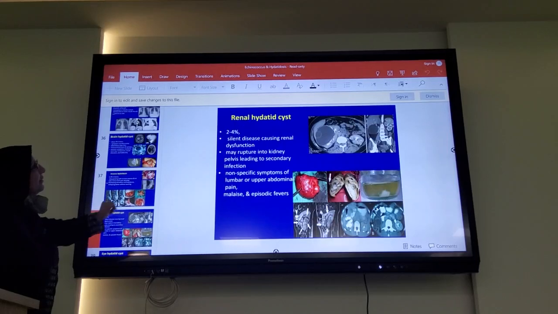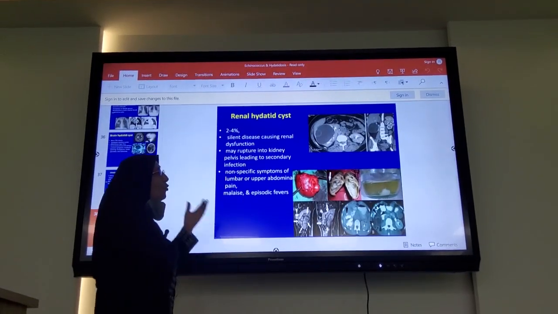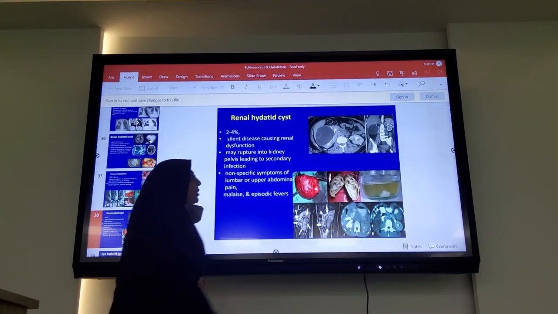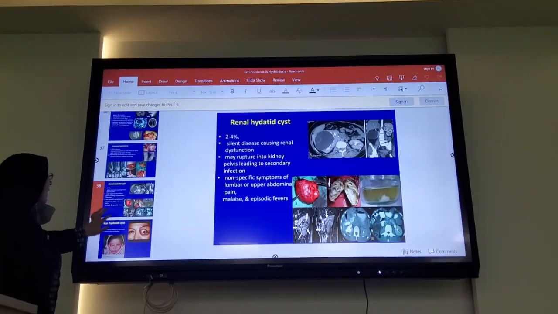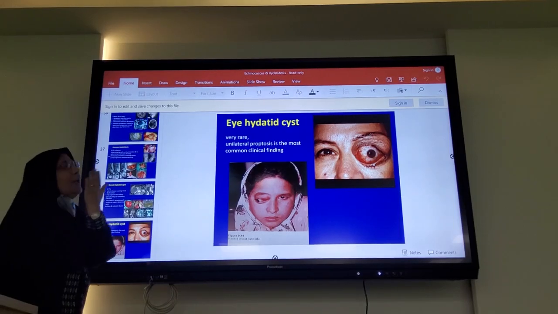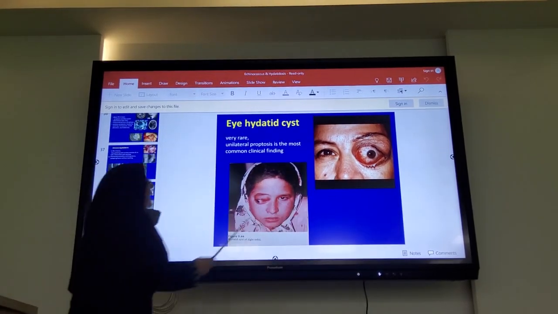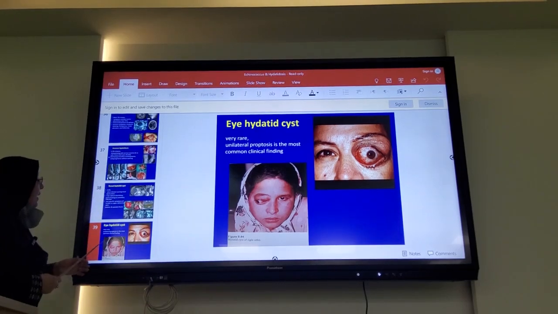This is the renal system. The protoscolexes or hooks may be found in the urine, okay? This is a rare case of infection of the eye. Usually one eye is involved and the patients have proptosis, okay?